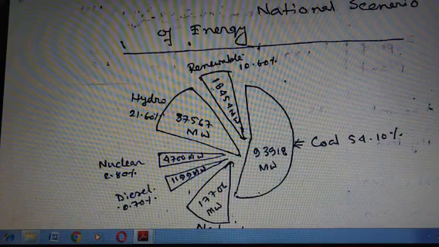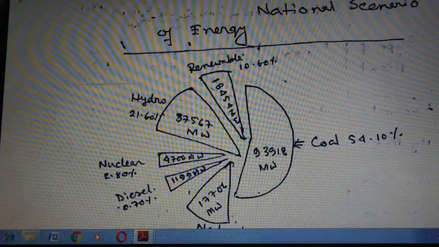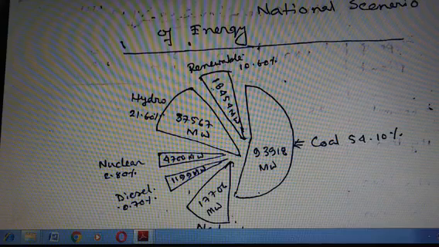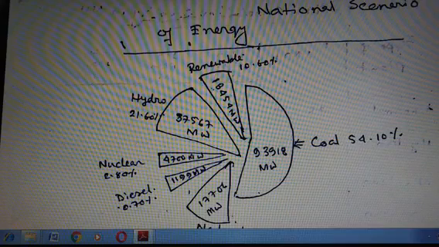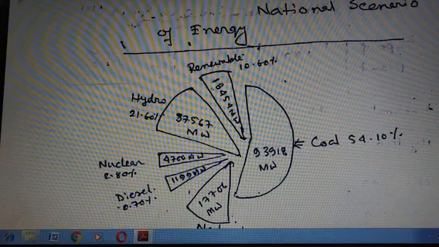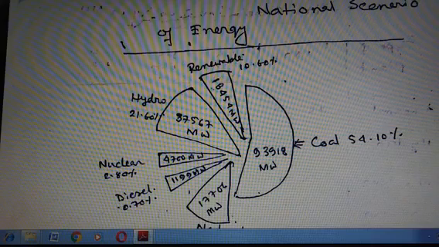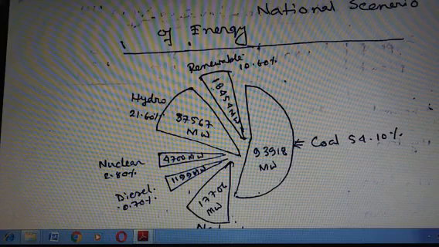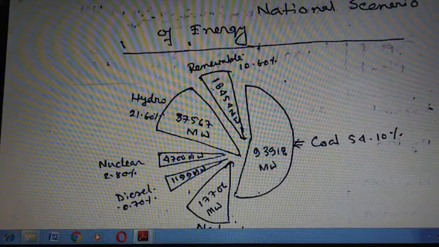Next disadvantage, burning of fossil fuels releases oxides which cause acid rain and other problems. Next problem, burning of coal and other natural gases releases a large amount of carbon dioxide, carbon monoxide, etc., which is the major cause of global warming.